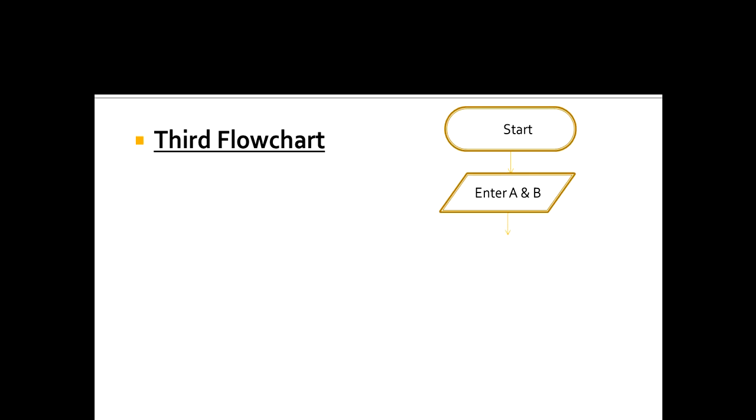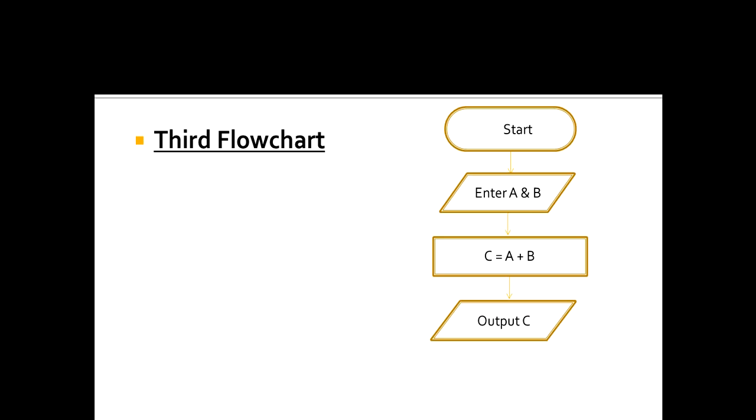Then we're having a rectangle representing the process or the equation, and inside the rectangle we wrote the equation itself. Now we need to represent the output, so we used a parallelogram, and inside the parallelogram we wrote the word output C. Then we're having the final arrow and an oval shape with the word end to represent the end.